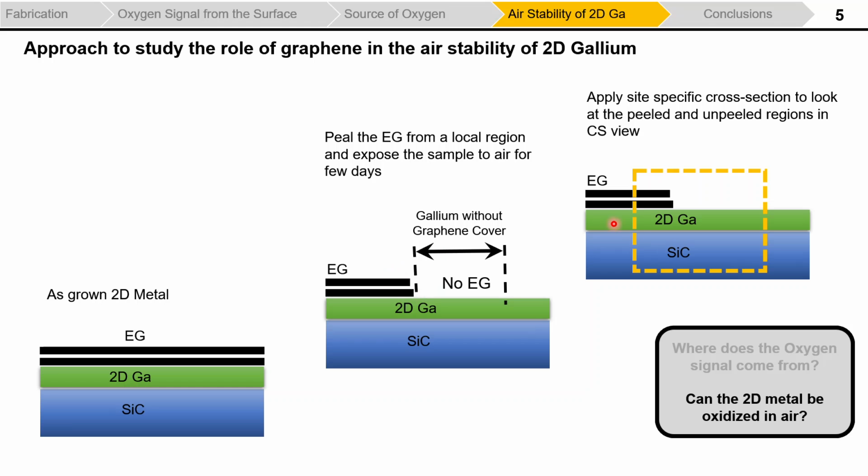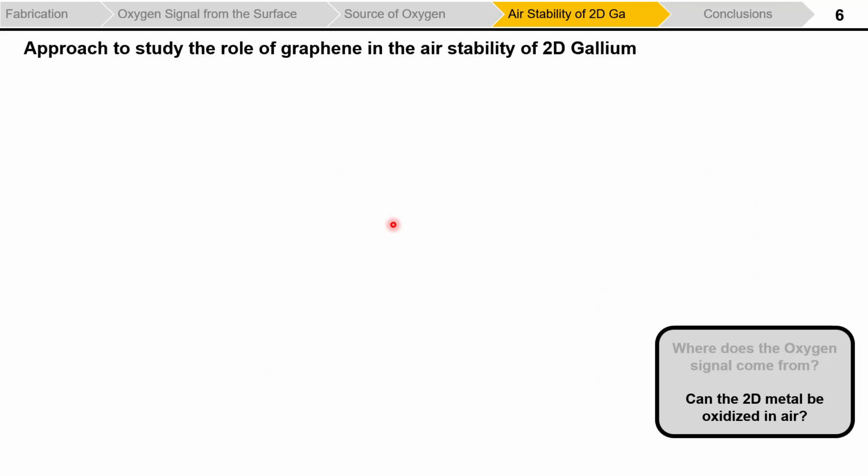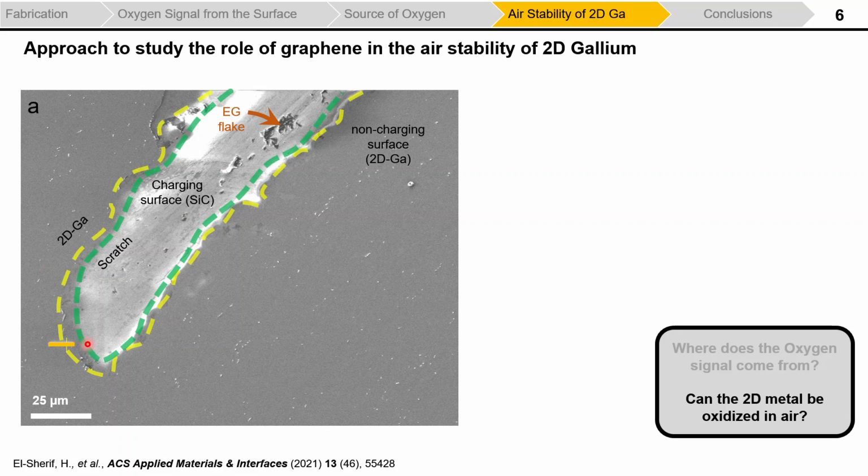We could then take a FIB cross-section site-specifically to study our material after exposing our peeled graphene area to air for a few days. We did that for 20 days after scratching the surface with a tweezer.